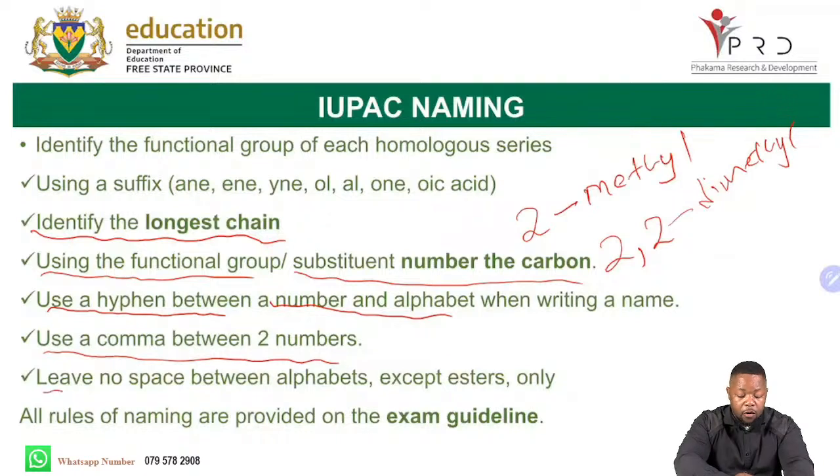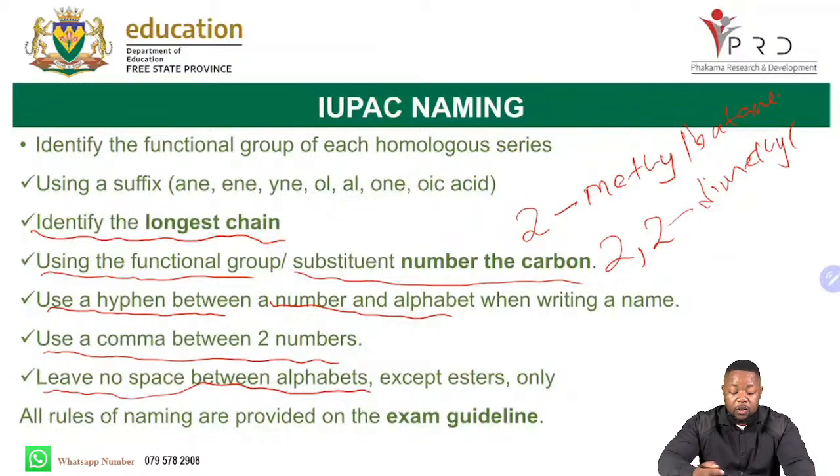We leave no blank space between the alphabets. So if we have 2-methylbutane, after the methyl, we just write the butane without leaving a space in between. So this is just an example of naming where you do not put a space between the letters.